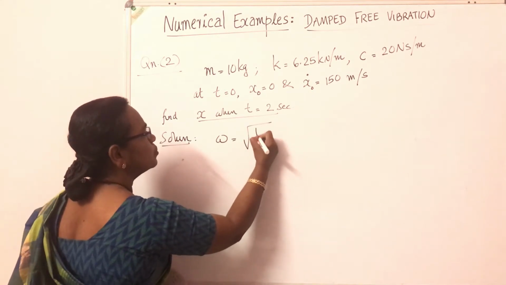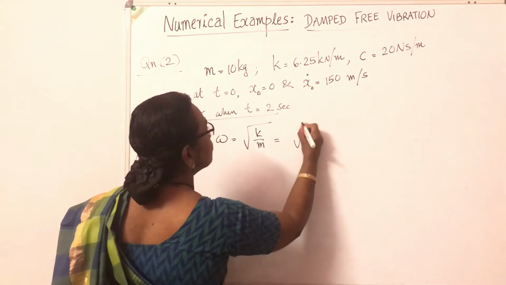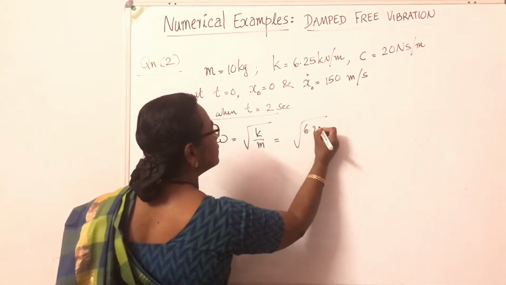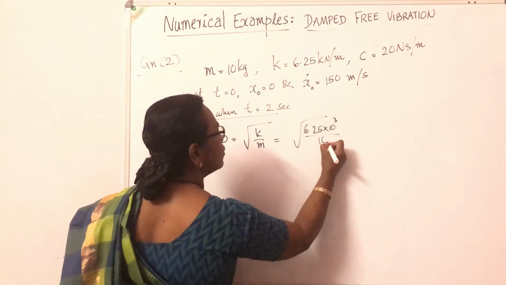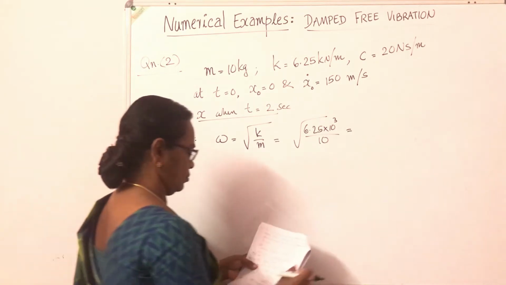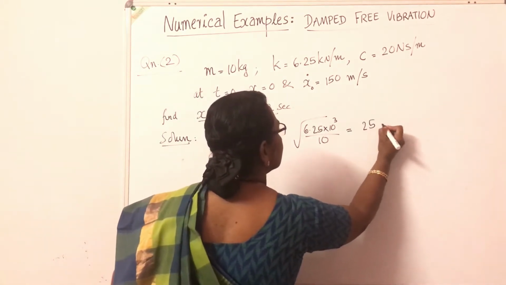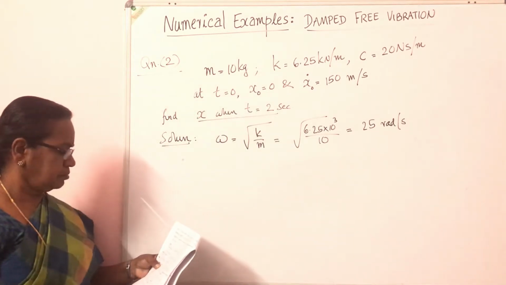Omega is equal to root of k by m. Here k is given as 6.25 kilonewton per meter, into 10 raised to 3, divided by mass 10 kilogram, which will give you 25 radian per second.